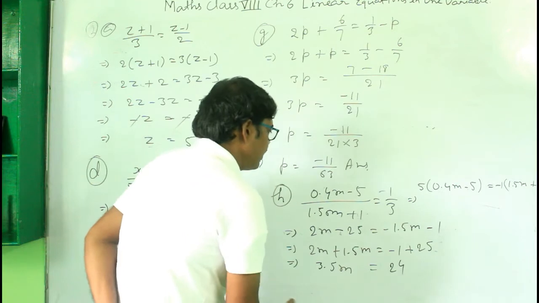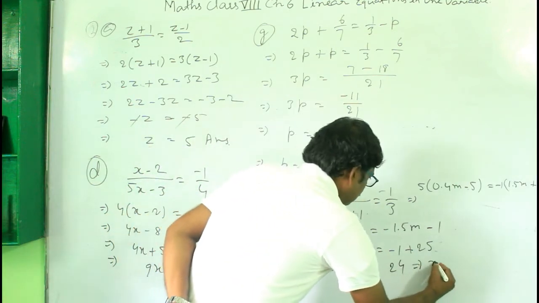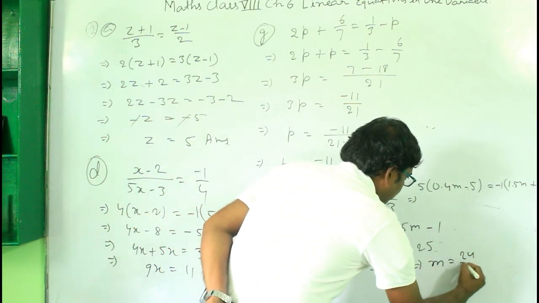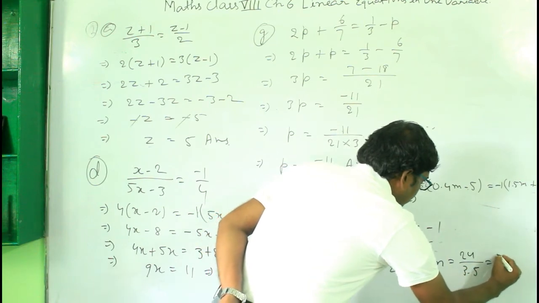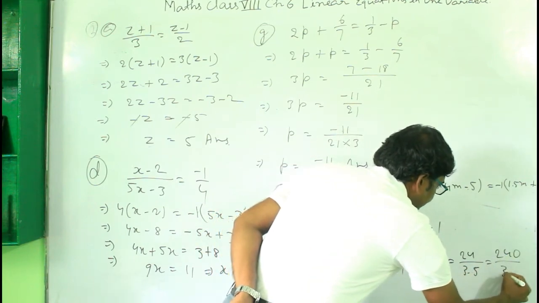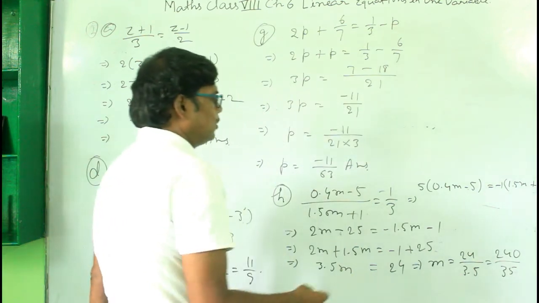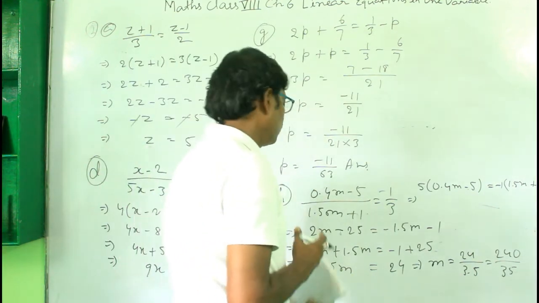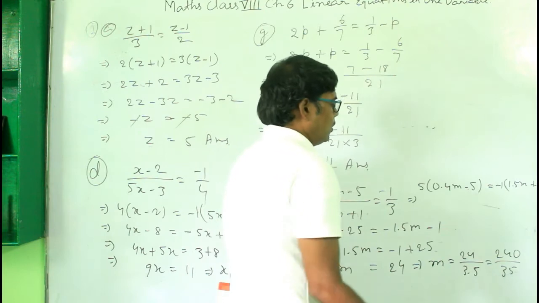Next, m equal to 24 by 3.5 equal to 240 by 35, because if you remove the decimal, then 10 will go up. Now cancel this.